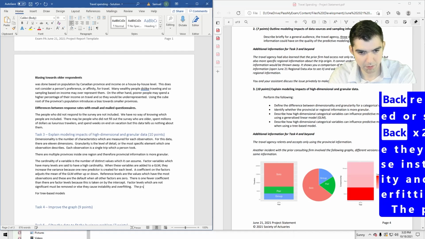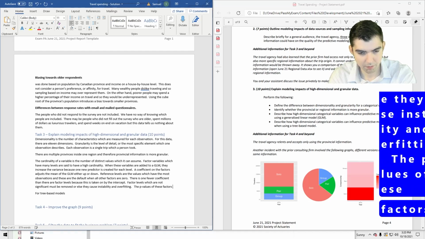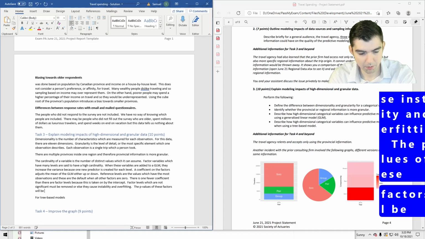The p-values of these factors will be large.